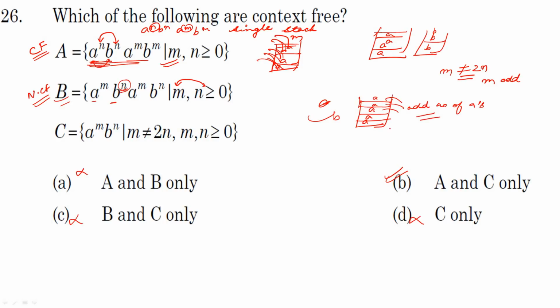So by using a single stack, we can solve this grammar, so this is context free. So the answer is B, that is, only A and C are context free languages, whereas B is not.